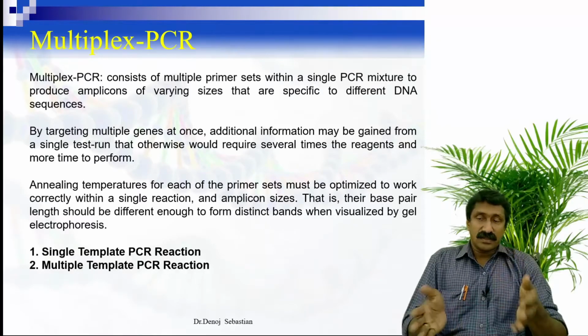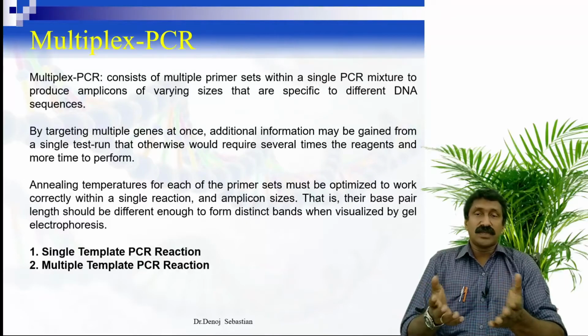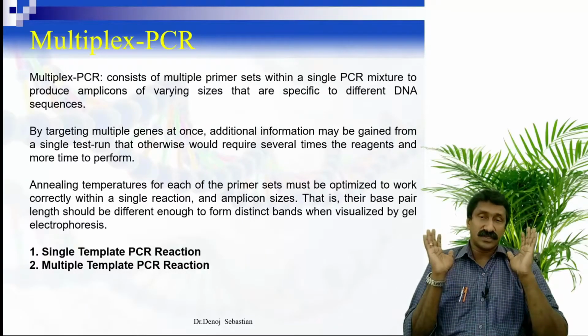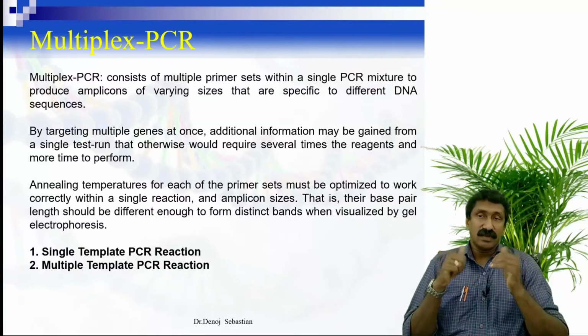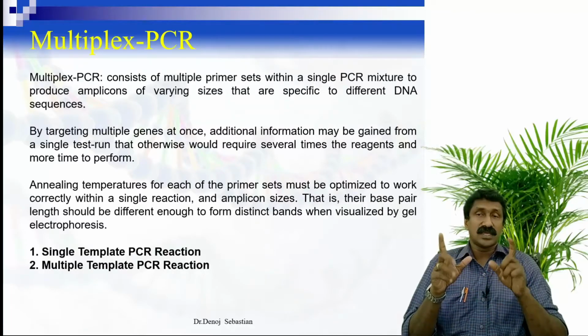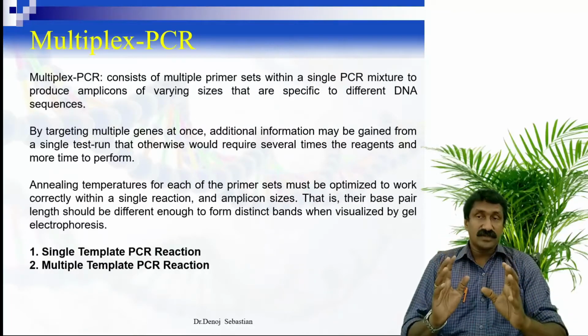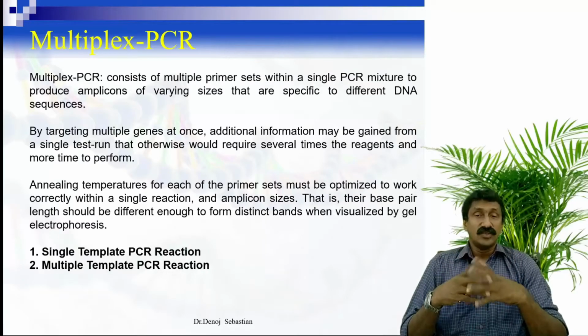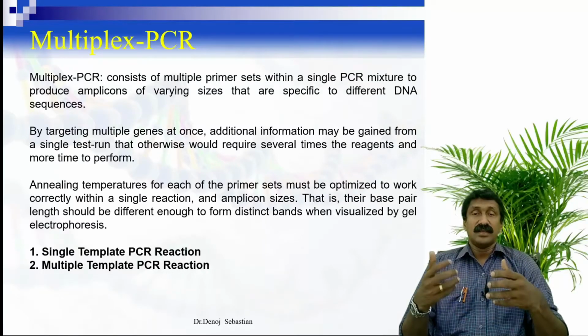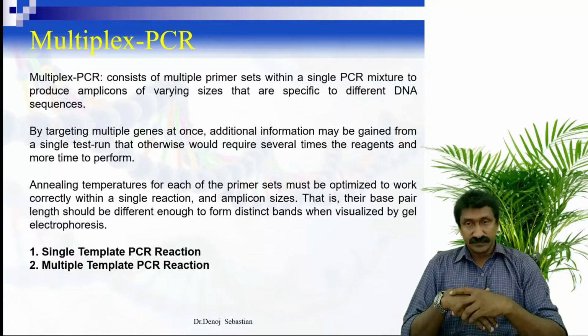Otherwise, the bands will mix up and you cannot differentiate between the products of two different sets of primers. That's why in a multiplex PCR system, the amplicon size of the different primer sets should always be different. You have to select the primer pairs in such a way.